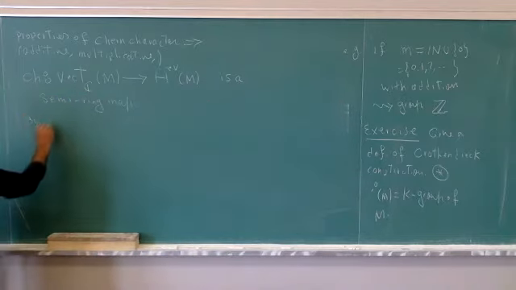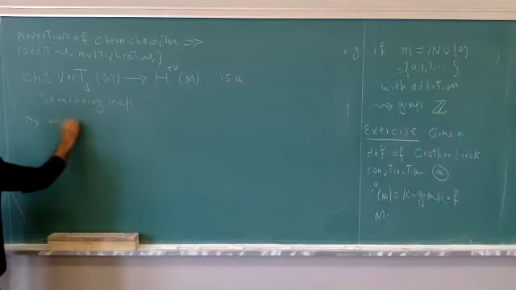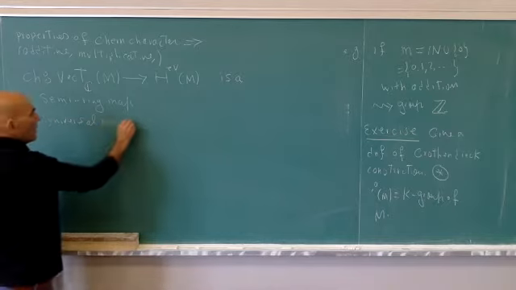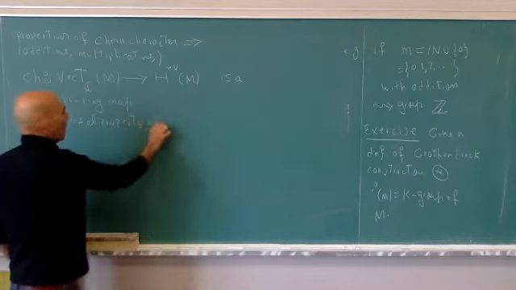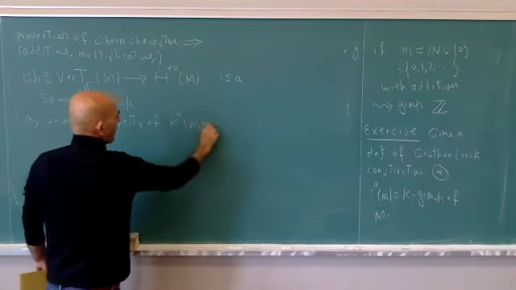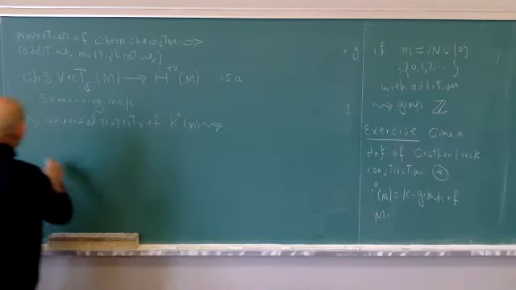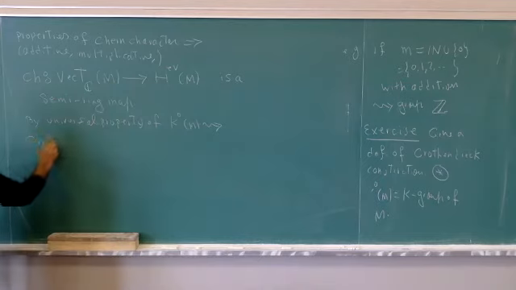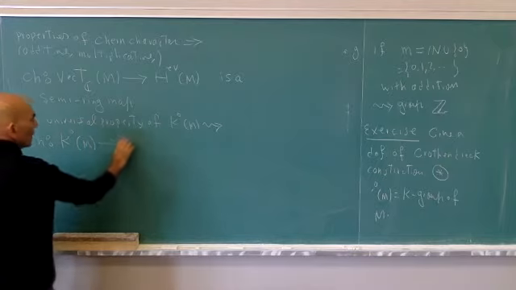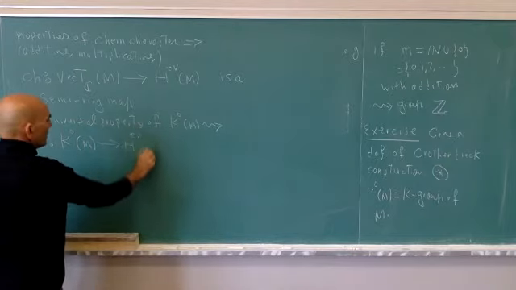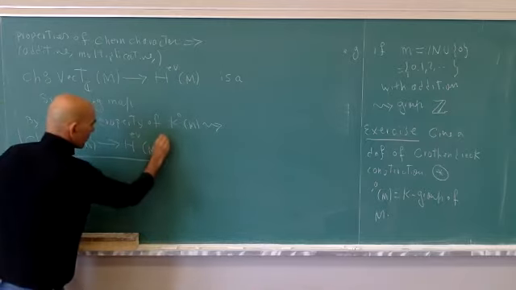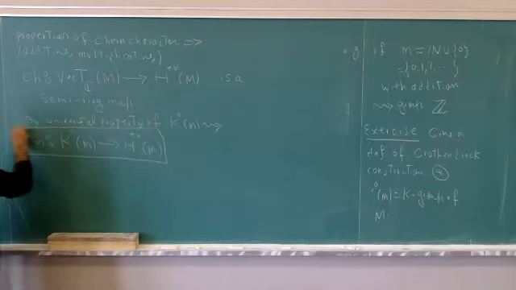By the universal property of K0 of M, you get a map, again I denote it by Chern, that goes from K0 of M to H even of M. So this is the essence of the Chern character, really.